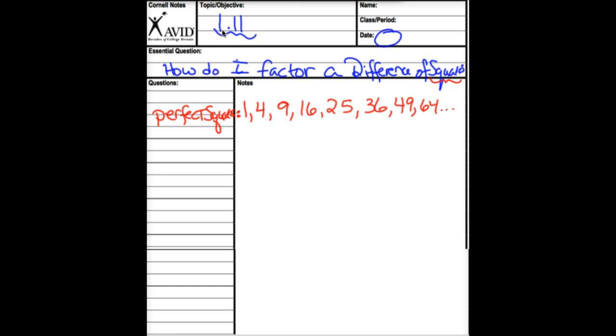And they're perfect because their roots are nice. The square roots of all these are 1, 2, 3, 4, 5, 6, 7. So they're really nice to work with. They're a number times itself.